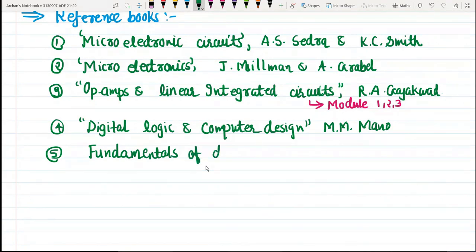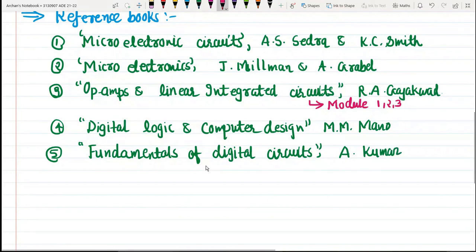Okay, this book is authored by Anand Kumar. Okay, so these 2 books are very good for digital electronics. That means module 4, 5 and 6 will be covered by these books. If you have these 2 books in your library, then it will be very beneficial to you.